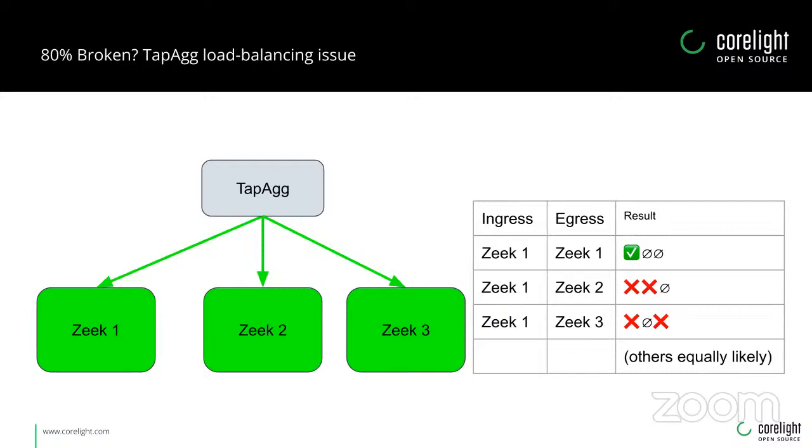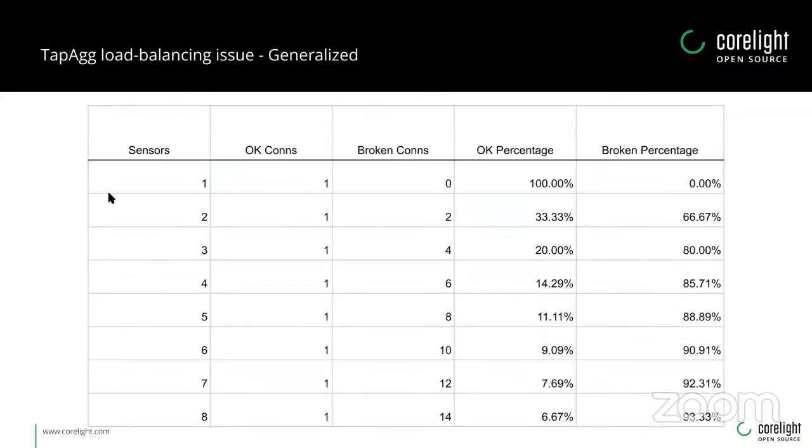If people are curious, you can work out the formula. If you have 3 sensors, you will have 1 okay connection, but the number of sensors minus 1, you can double that, and that tells you how many broken connections you have.